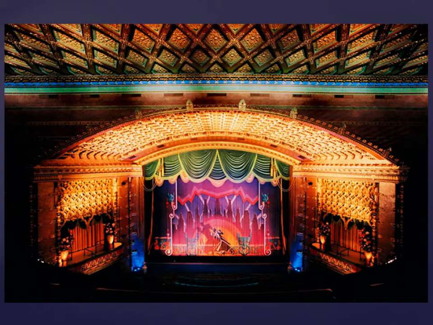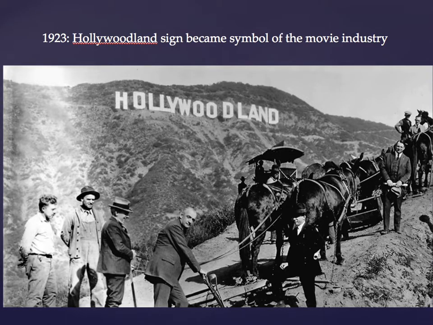There's the inside of the El Capitan. Fun thing to do when movie theaters are open and all that. It's really fun, but you don't need to go inside the theaters to get the extra credit for the Hollywood experience, as I call it. Also in Hollywood is the Hollywood Land sign.